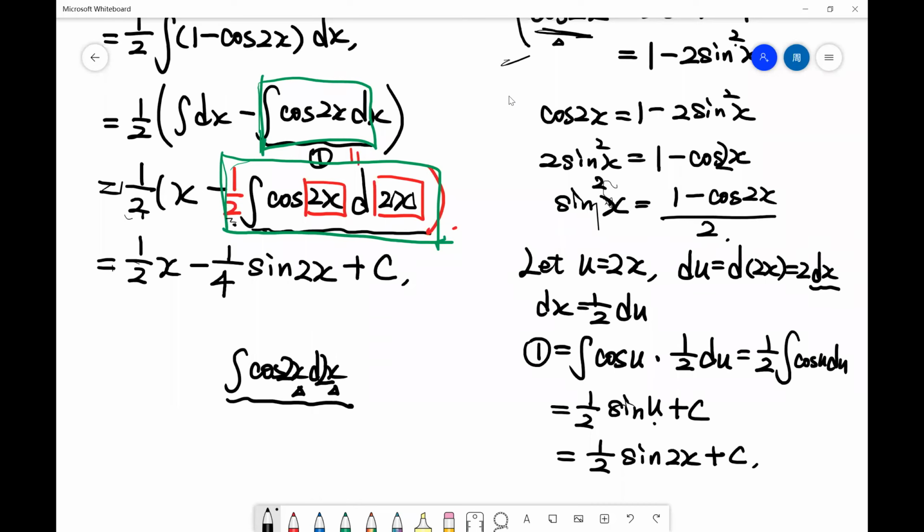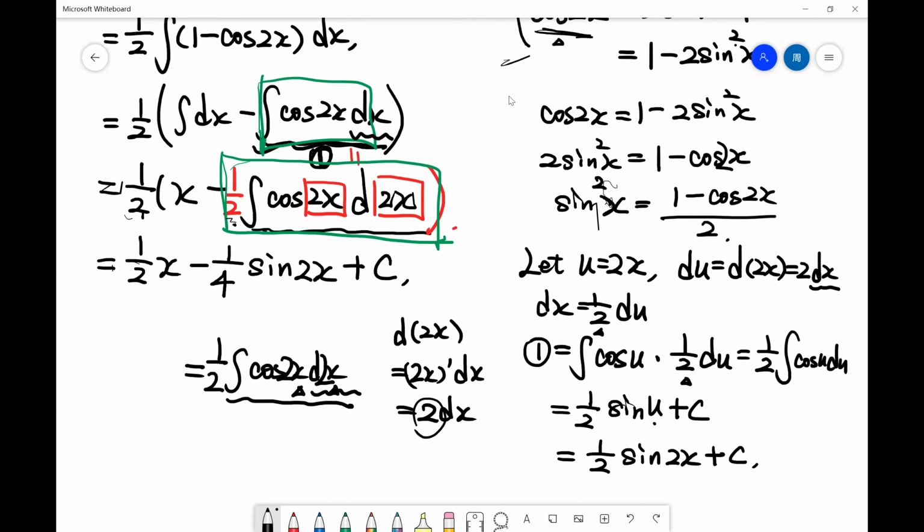But here we know that d2x does not equal dx, right? d2x equals 2x prime dx, right? So equals 2 dx. So if we want to make this integral equal to this integral, here we should remove 2. Then we have to times 1 by 2 here. That is why we have 1 by 2 here.